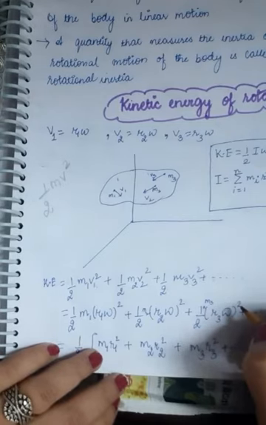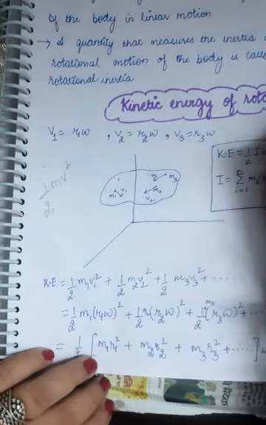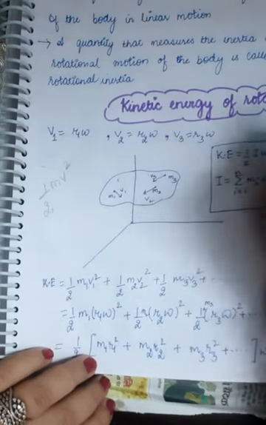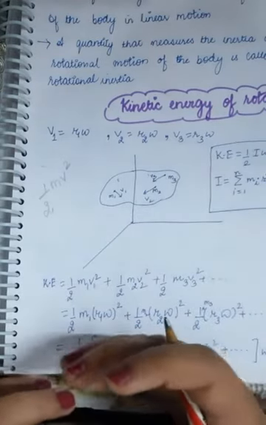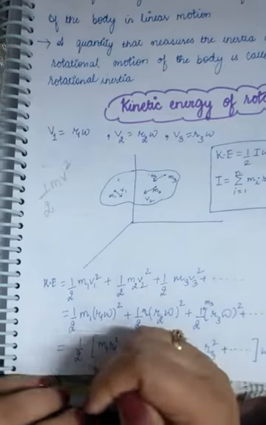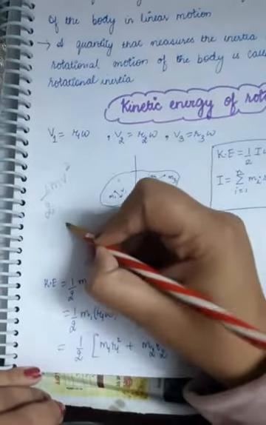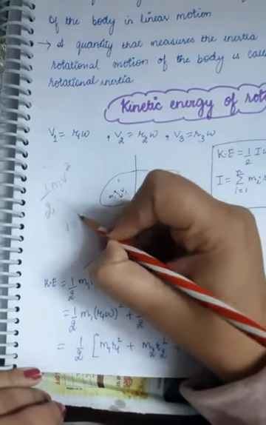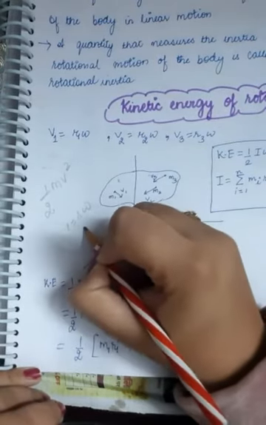But since we are considering rotational motion, it's better to write the whole expression in terms of angular velocity. We know that linear velocity is related to angular velocity by the relation v equals r omega.